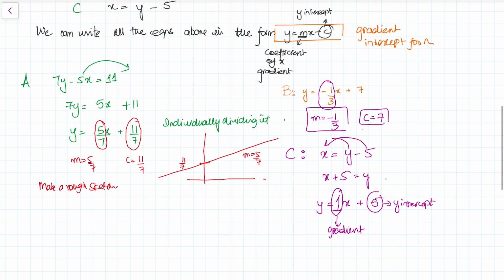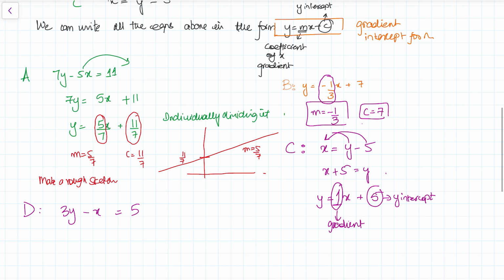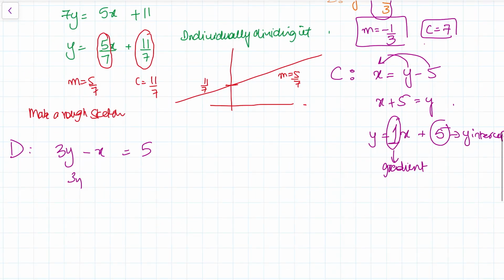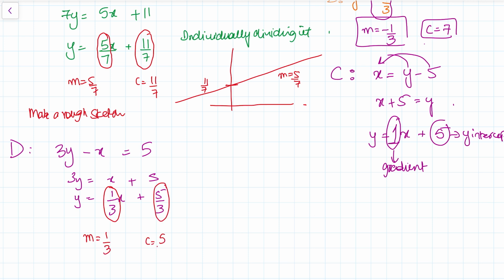Now, what's next? Let's look at D. D is 3y minus x equals 5. Let's make y the subject. Now, what is the gradient here? 1 upon 3. What is the intercept here? 5 upon 3.